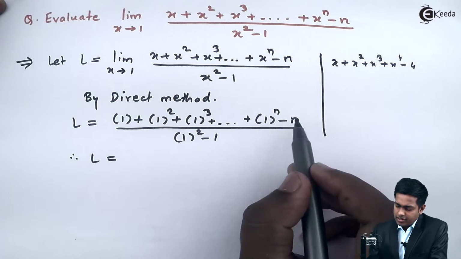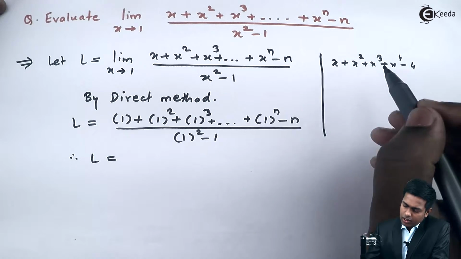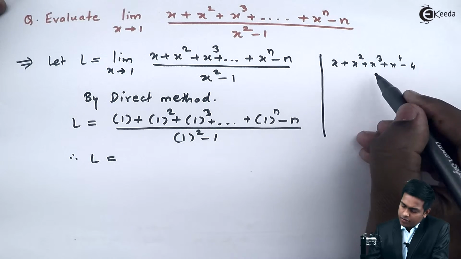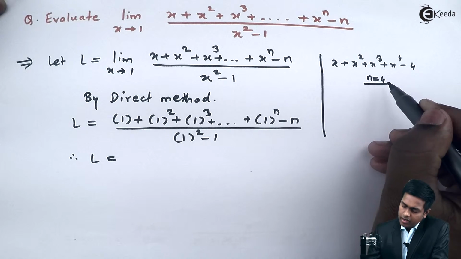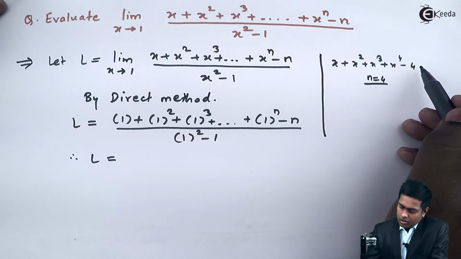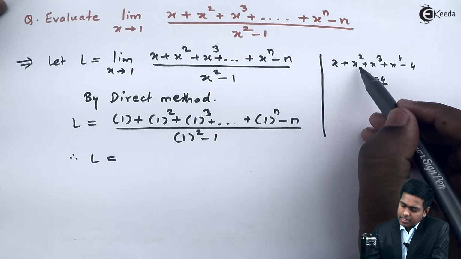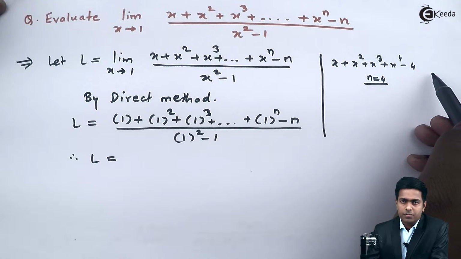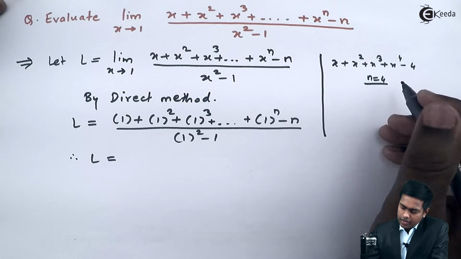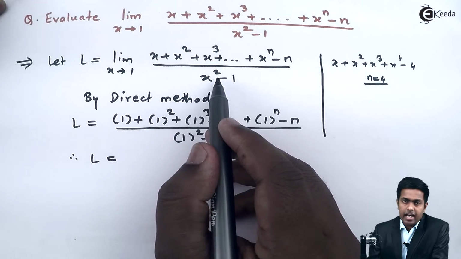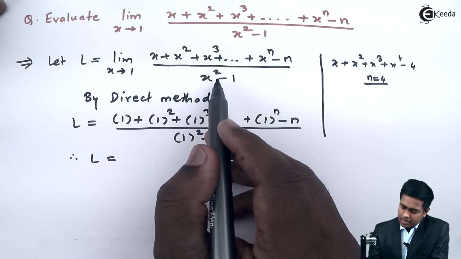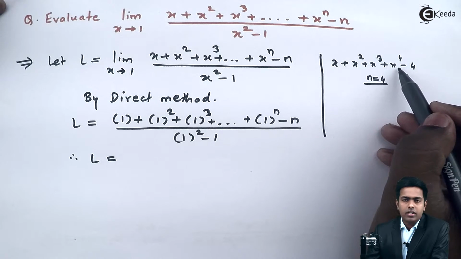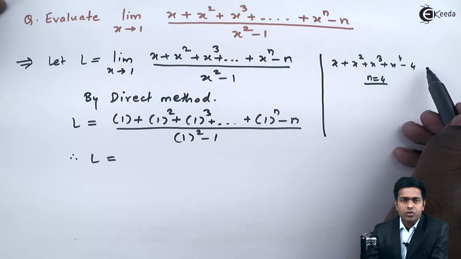Now to evaluate this, we'll again come back to this concept. When n is 4, we were getting x + x² + x³ + x⁴ − 4. So when we substitute x as 1 in the direct method, we get 1 + 1 + 1 + 1, that is 4, minus 4.